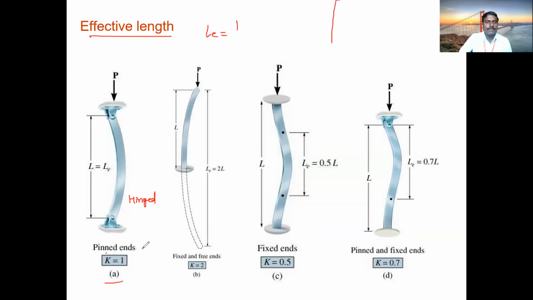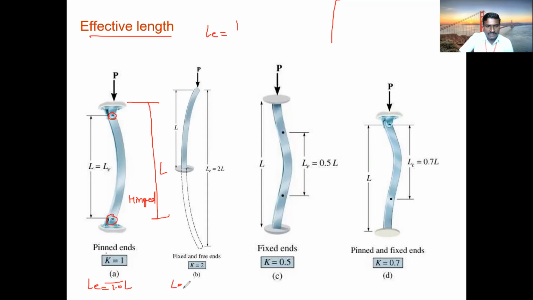First, A: pinned ends, that is, hinged. In this place rotation is allowed. At the end, rotation will be there. So L effective is equal to L. We have to calculate L effective. So L effective is 1.0 L. What was the total length of the member? This is the total length. So L effective we can calculate as 1.1 L.